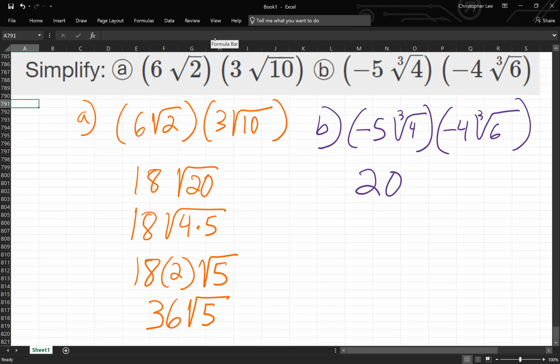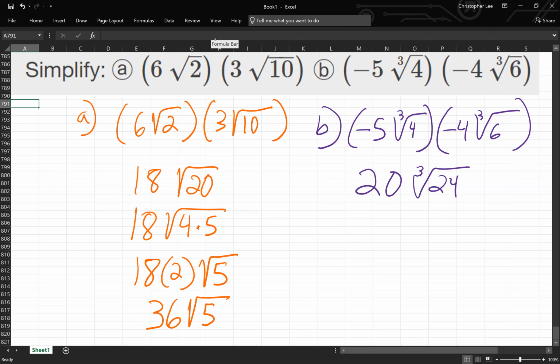And cube root of 4 times cube root of 6 is what? 4 times 6, which is what? 24. So cube root of 24.